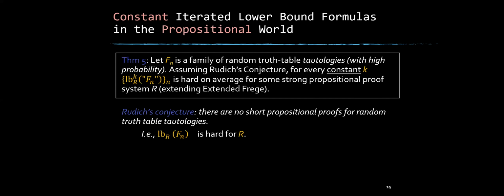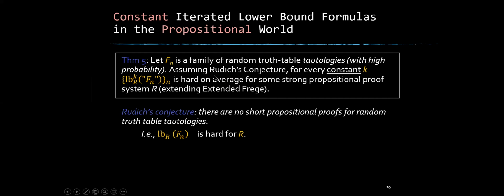They are DNF formulas stating that a function given by a truth table does not have a small or polynomial size Boolean circuit. And we know that this is true with high probability. So these are tautologies with high probability, and let's assume the Rudich conjecture, which is written here. There are no short propositional proofs for random truth table tautologies.